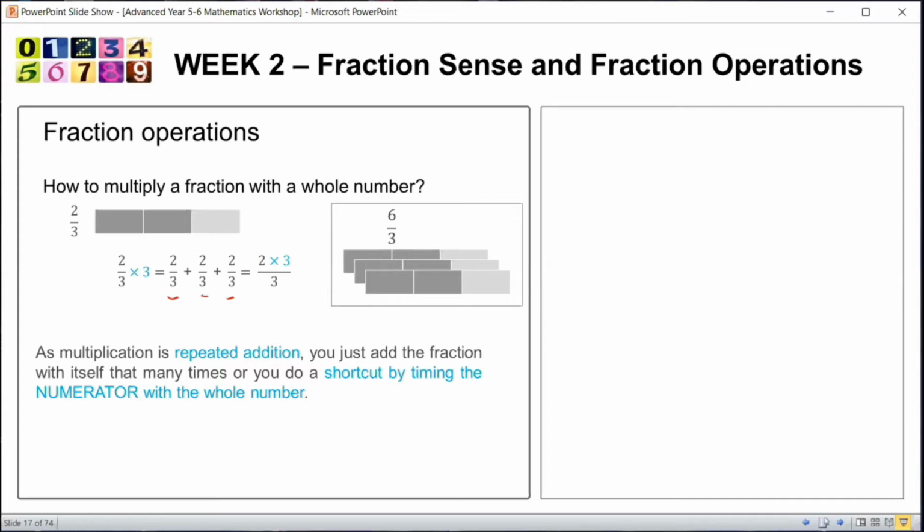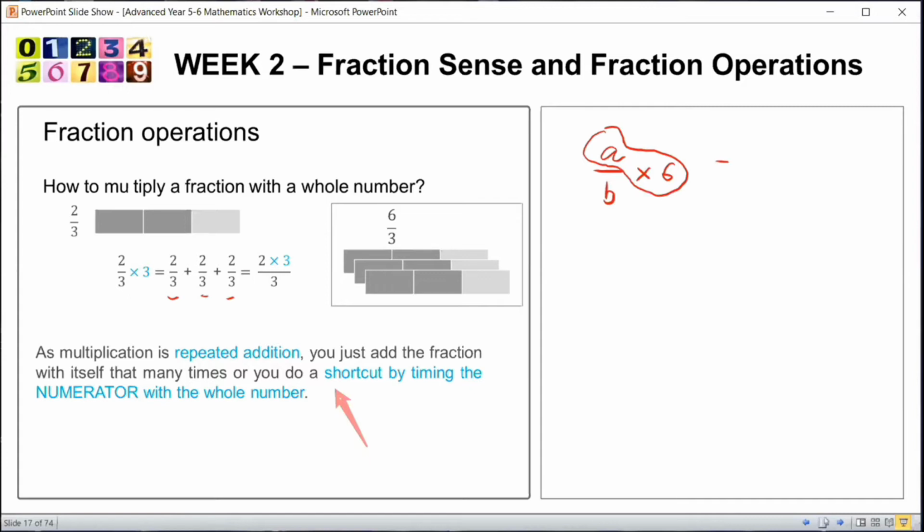Basically, this is a shortcut, really. Oh, sorry, that's the wrong way around. The right way is to reverse it. Yeah, that's it. So what you really do is a shortcut: you times with the top. If you have a fraction, A over B, any number, and I want to times with C, all I need to do is times the top.